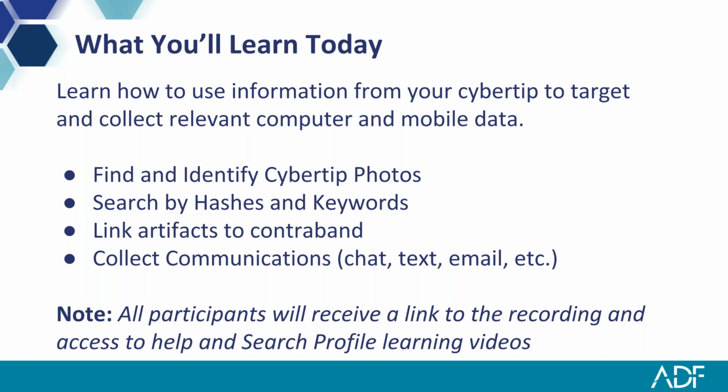We're going to show you different ways of putting it together on scene so you get the most, especially when you have multiple devices. Find and identify those photos you may have up front from cyber tips, using hashes and keywords, how to get those in, using the uniqueness of your case, if you will, to put everything together.